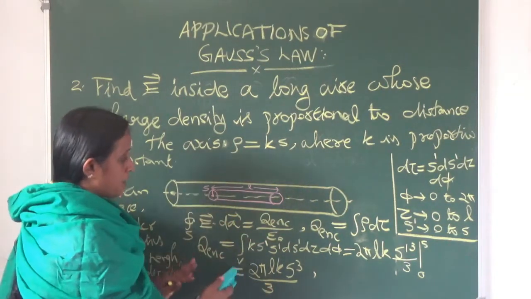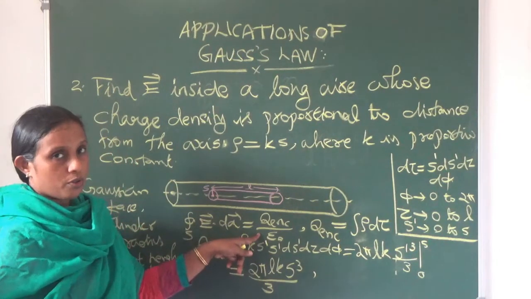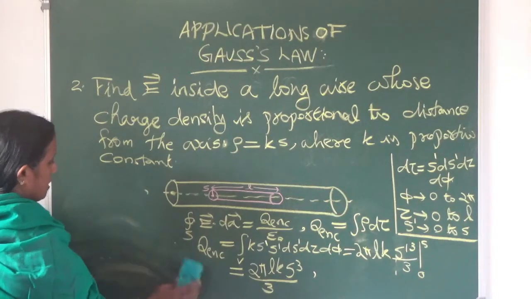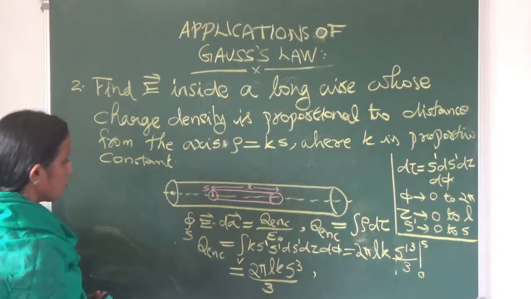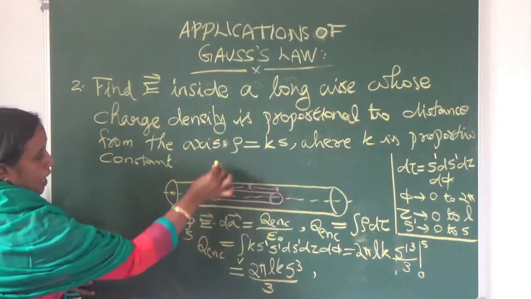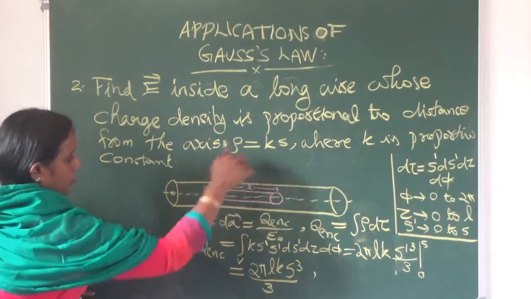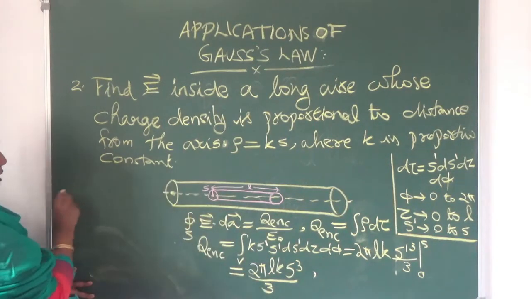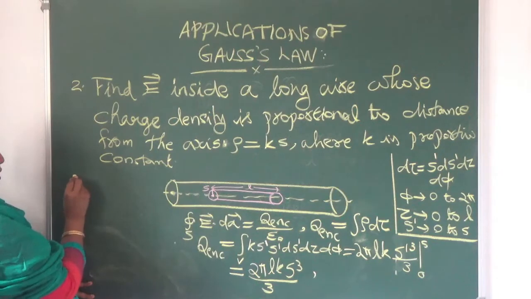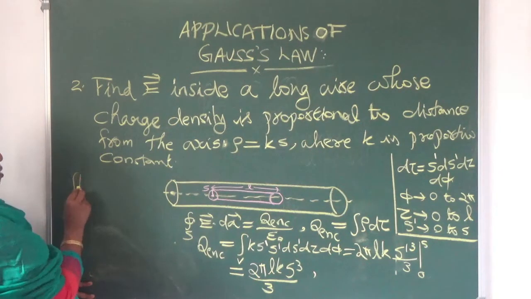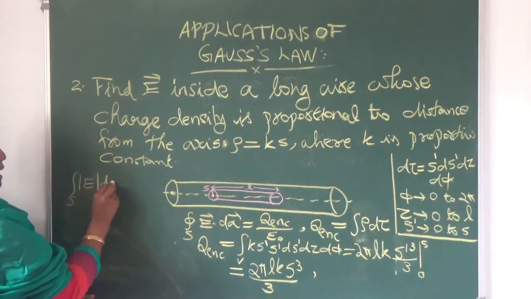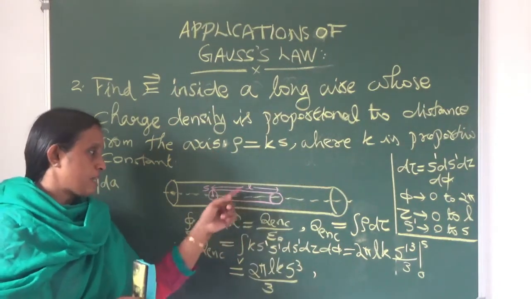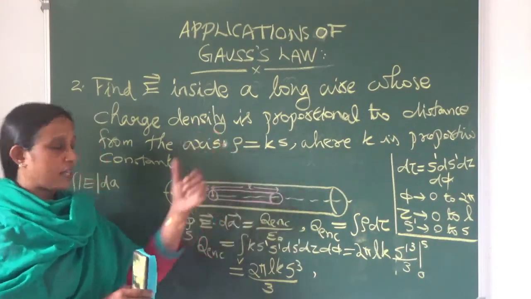Now you can apply this to Gauss law. Okay, so I think I can write here, along the curved surface of the cylinder, this surface integral of mod E dA, because you know that both the electric field and the area vector are pointing along the same direction.